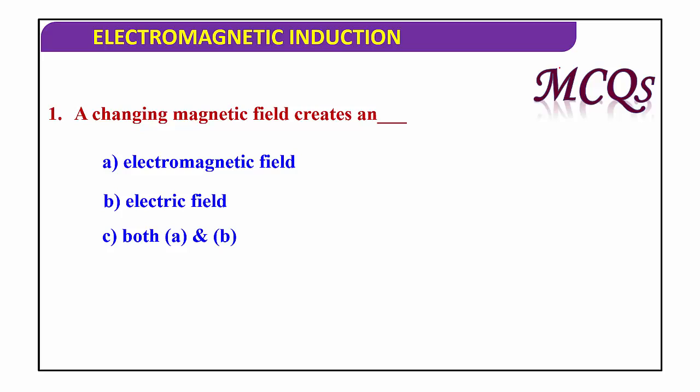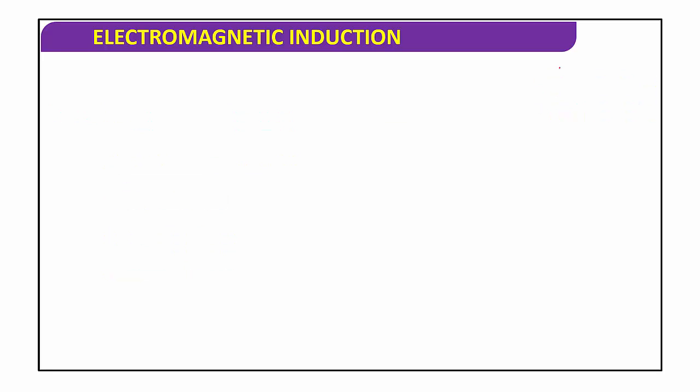Option C, both A and B. Option D, none of these. A changing magnetic field creates what? Electric field. Remember, a changing electric field creates a magnetic field. Likewise, a changing magnetic field creates an electric field.